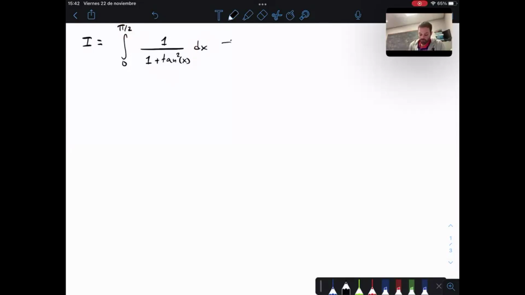To start off with this integral, we can try to simplify it by realizing that we have a trigonometric identity that tells us that 1 plus the square of the tangent is equal to the square of the secant of this variable.